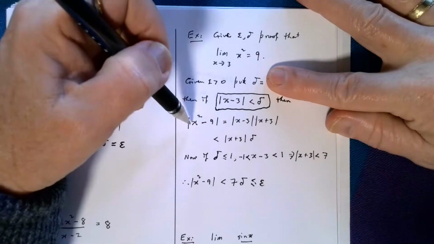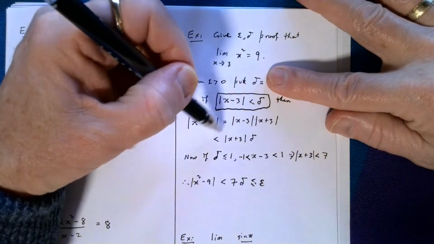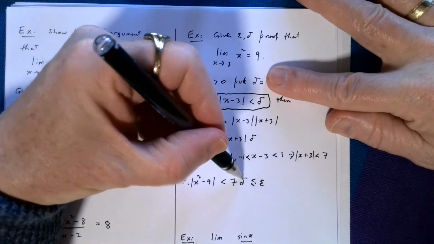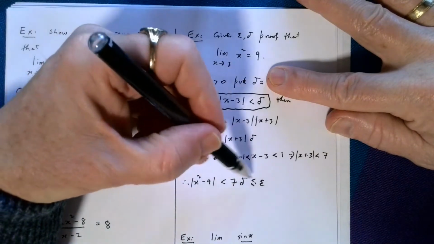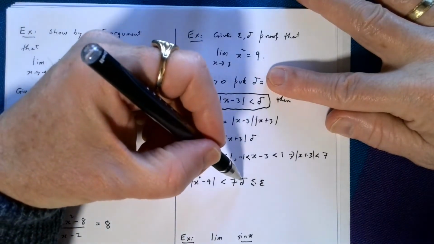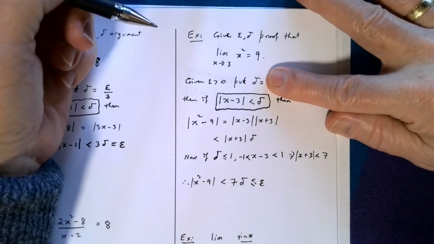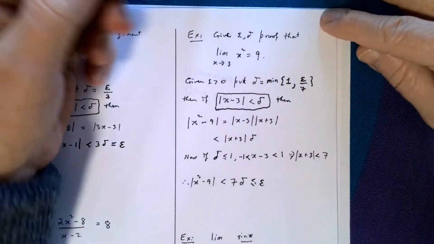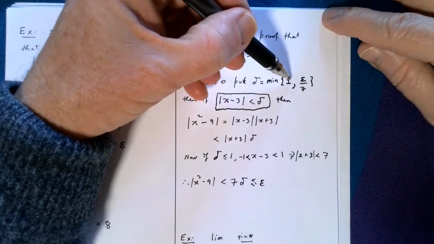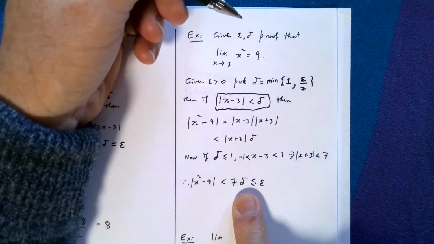So putting that together, that says the absolute value of x squared minus 9 is less than, this is the delta, and this is 7, so it's less than 7 delta. And I wanted that less than or equal to epsilon, and that will be true if I take delta to be epsilon over 7. So what I do is, we did what we did before, we now take the minimum of whichever is smallest, 1 or, from here, epsilon over 7 to get me my delta.